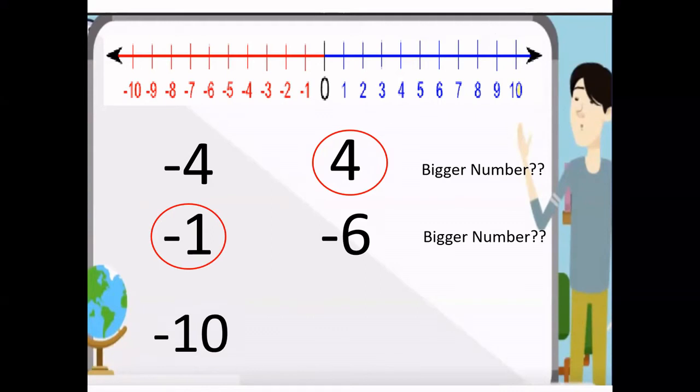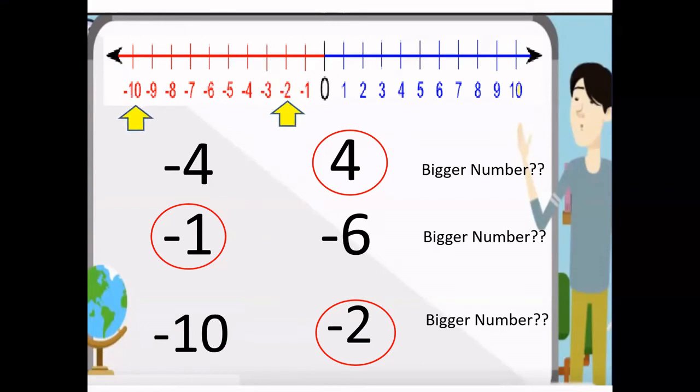Next, -10 and -2. Which do you think is the bigger number? Yes, you are right, if your answer is -2. Okay, let's see. -2 is found on the right side of -10. You are right.